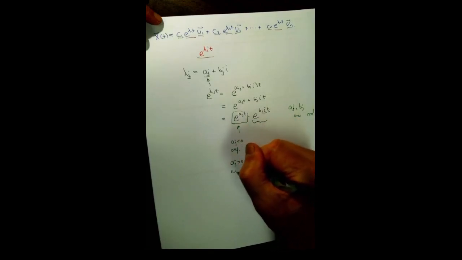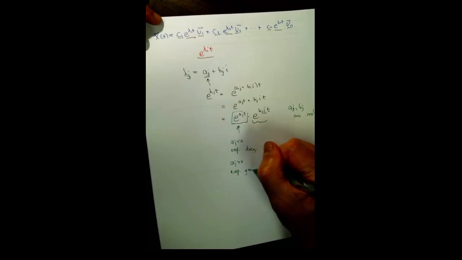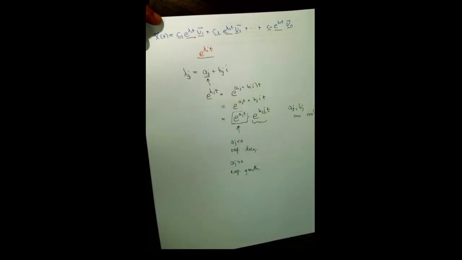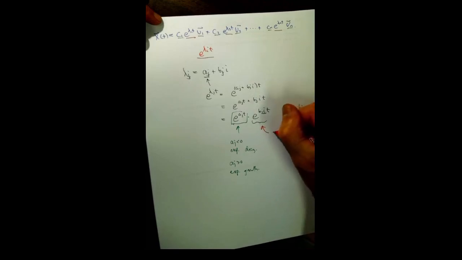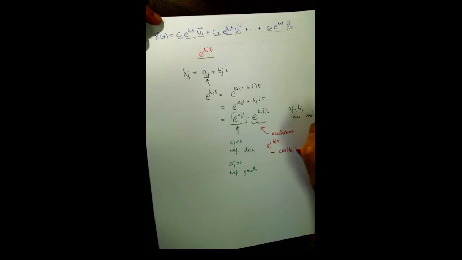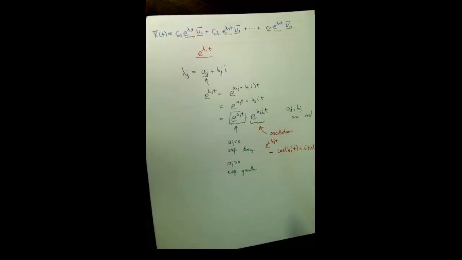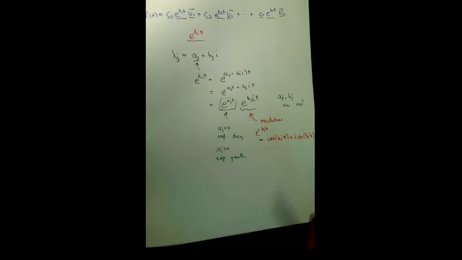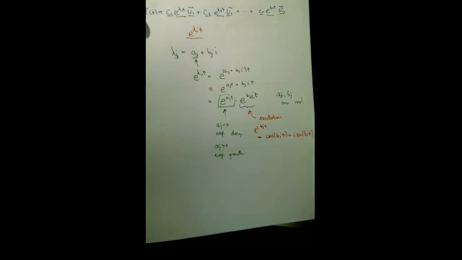If it's positive, we get exponential growth. And for this term, we get oscillations, right? Because we can just use now Euler's formula. We can write that as sines and cosines.